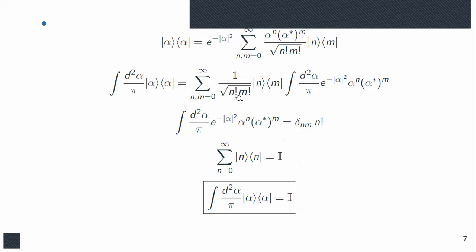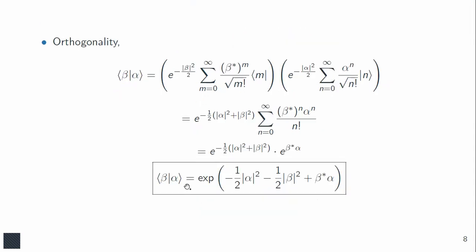So we could use this integral result, and we know that the Fock states follow the completeness relation, and we end up with a result that the coherent states also follow this completeness relation. So these are a valid basis set, and we could write different quantum states in terms of the coherent states.